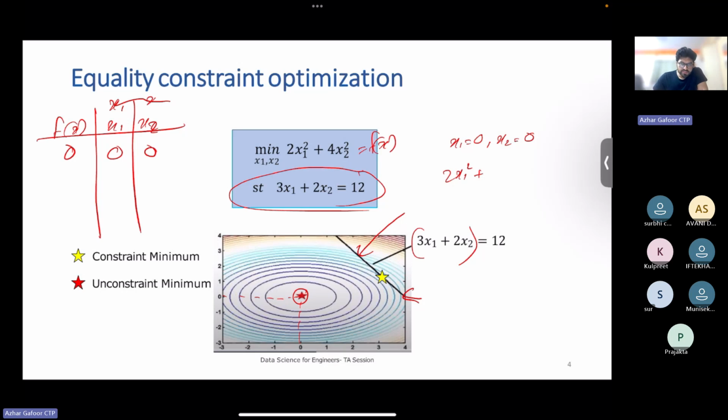So this is not a solution for our problem. Graphically, any point on this line satisfies our constraint, but we have to find the point on the line which will give the minimum.